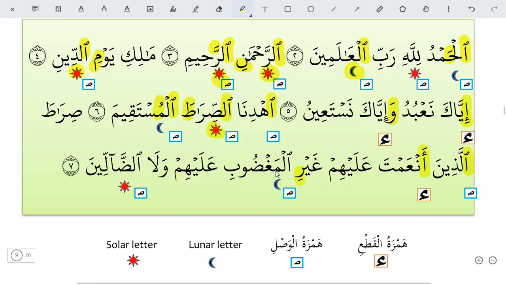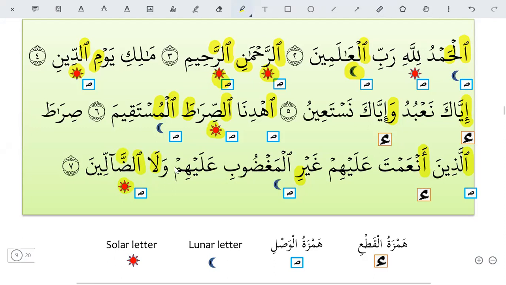Ghayril maghdubi alayhim. Wa lad-dallin. This Hamza is Hamzatul Wasl, and this is a solar letter. So this lam we will pronounce, and alif and lam, both we will skip. Wa lad-dallin.